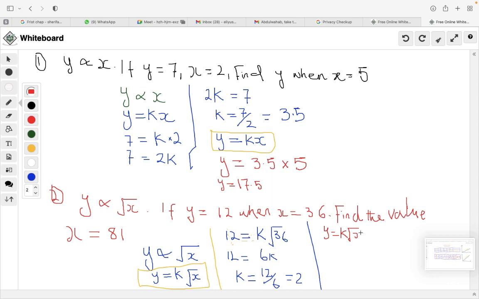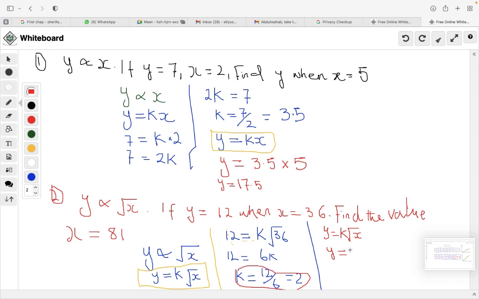So we just substitute those values, and x is now 81. We go to find the value of y now, because they say find y when x is 81. So we have y equal to the value of k, which is 2, the one we've obtained here.